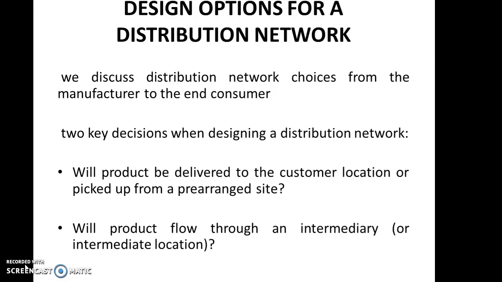The first one is, will the product be delivered to the customer location or picked up from a pre-arranged site? The next one is, will the product flow through an intermediary or intermediate location? We should decide on these two questions so that we can proceed with the various available design options for a distribution network.